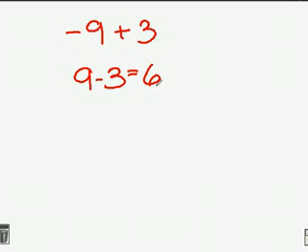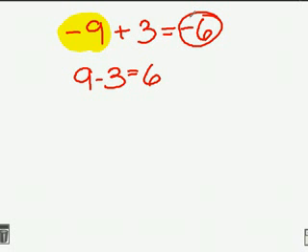Now, it's not 6, just 6, because, look, 9 is 9 away from 0. 3 is 3 away from 0. So since 9 is furthest away from 0, I got to give it the sign of negative 9 because it's got the highest absolute value. So this actually equals a negative 6. Okay? Let's try another one like that.